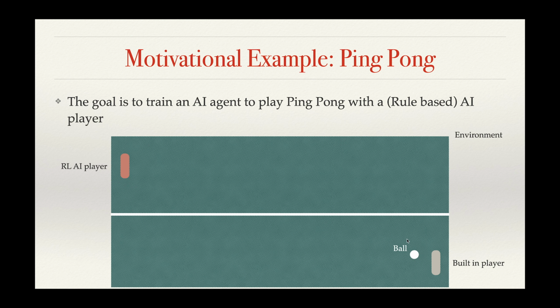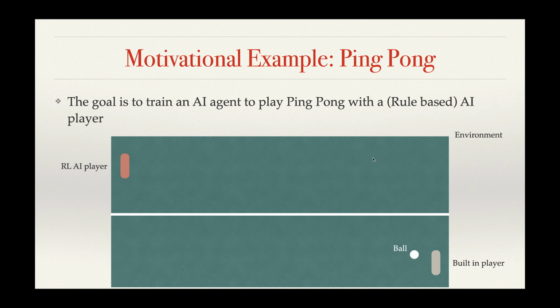The difference is that this one knows the game by rules created by humans, while this one will try to figure out the game by using reinforcement learning. So this one is the artificial intelligence here, because it actually learned the game by itself. This one is the built-in player.